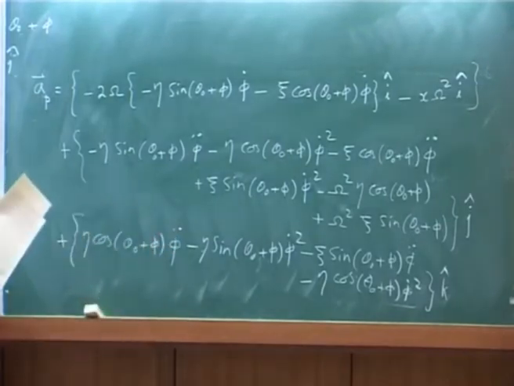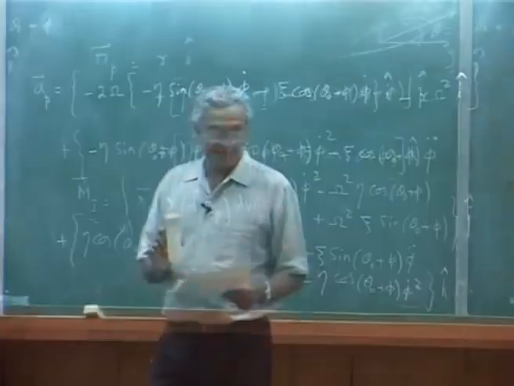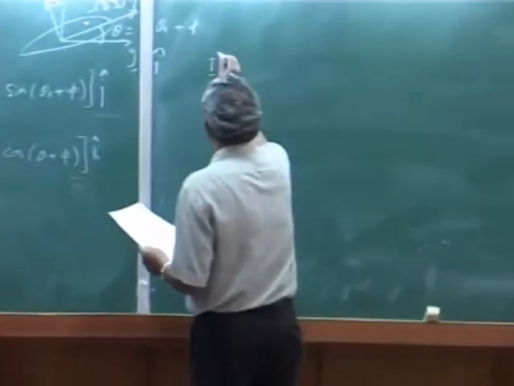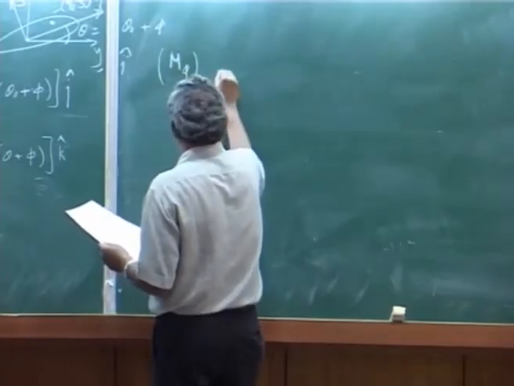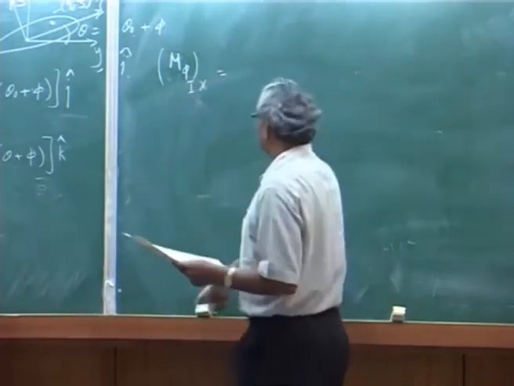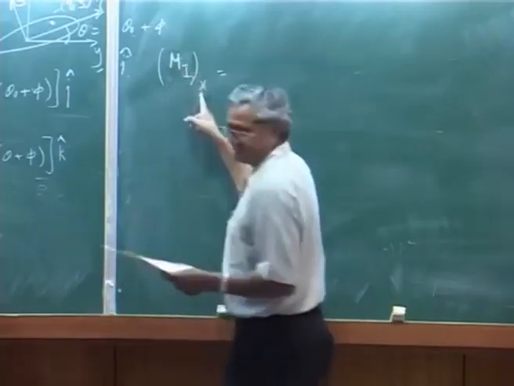After you take the cross product and simplify, you get the inertia moment about only the x axis, and you will get cross-sectional integrals. That is m I, only along the x axis.